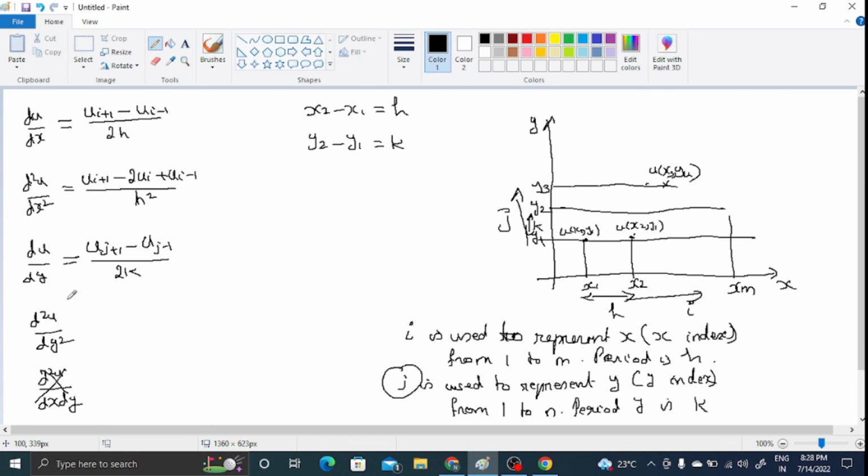Similarly, what is d square u by dy square? Please tell me.